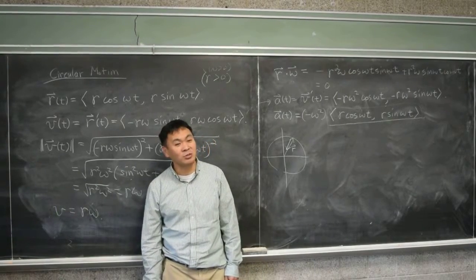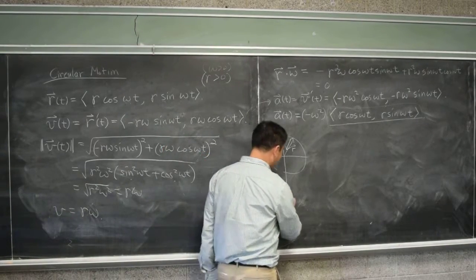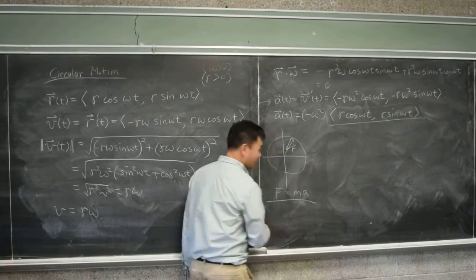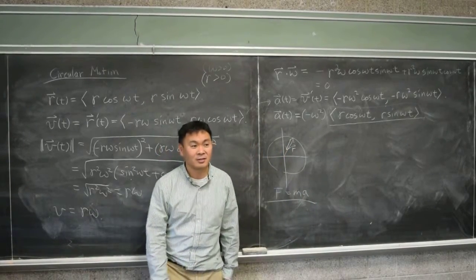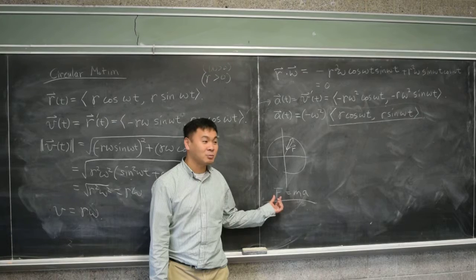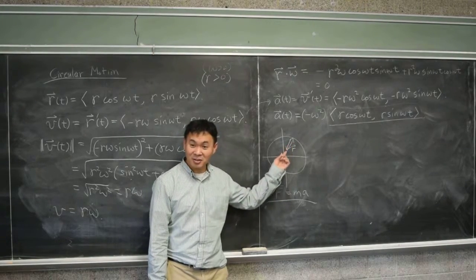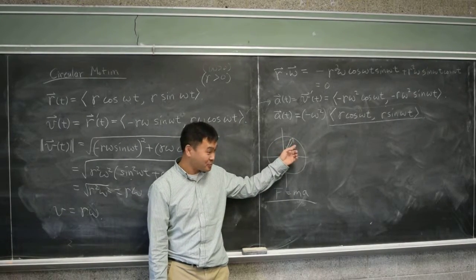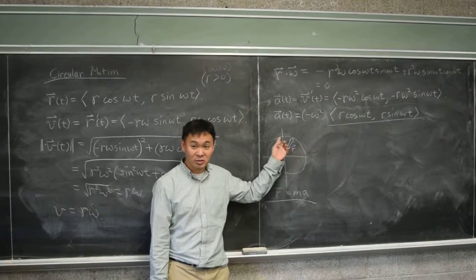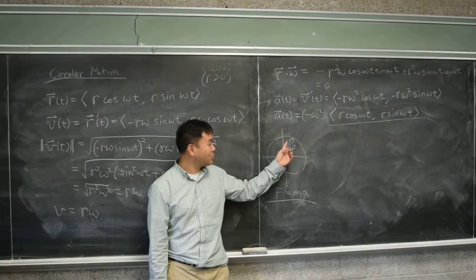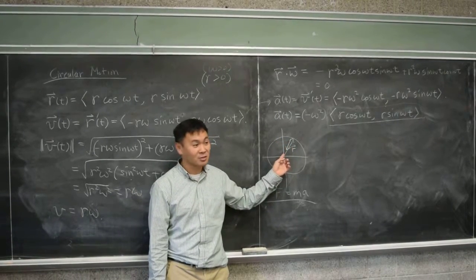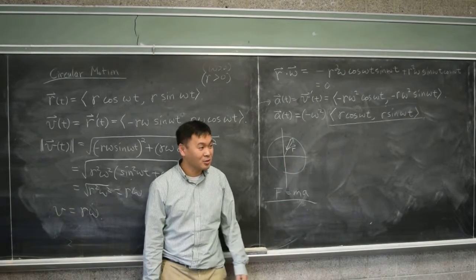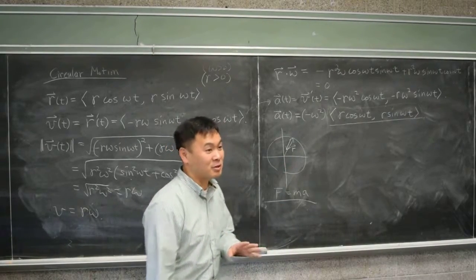Okay. Using F equal to ma, what does that mean? The centripetal force is opposite of the radius, right? When you have a circular motion, the centripetal force is always pointed to the origin. That's what we learned, for constant speed motion. Okay?